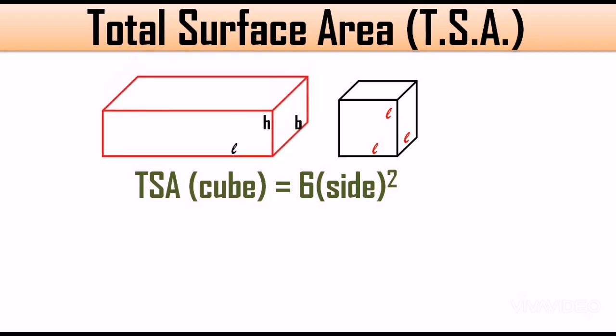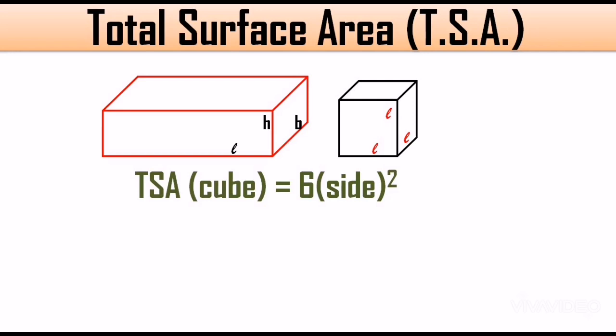The cuboid is made up of 6 rectangles, and those on opposite sides will have the same area. So we have 2 rectangles whose area will be LH, that is length into height, 2 rectangles whose area will be BH, that is breadth into height, and 2 rectangles whose area will be LB, that is length into breadth.